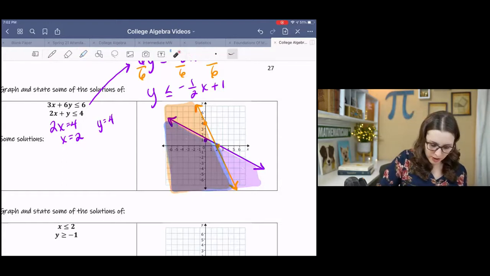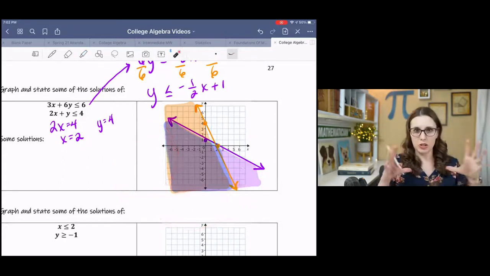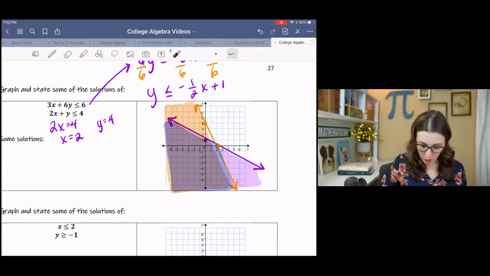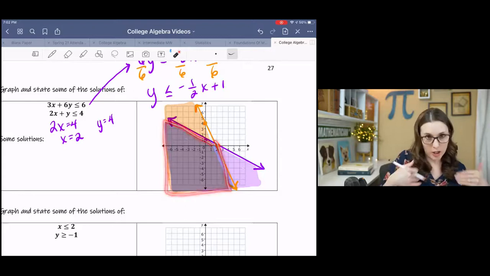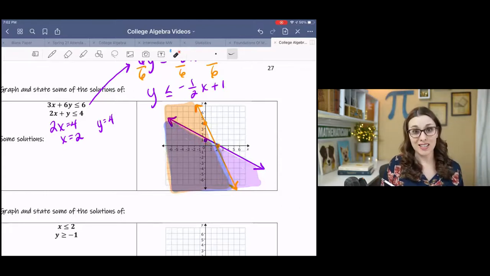And remember that this extends past the graph. On paper, this is what it looks like, and it extends indefinitely. So these are our two lines, and we shaded for both, and where the shading overlaps are the solutions to your system. So anything in this region and beyond, because it goes on, and on the lines are solutions to the system.